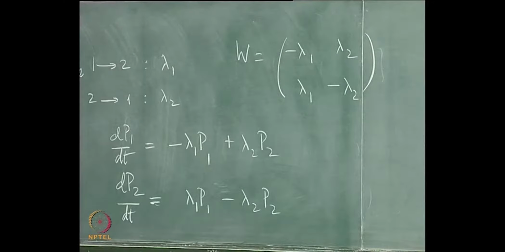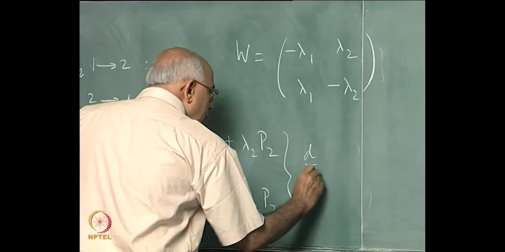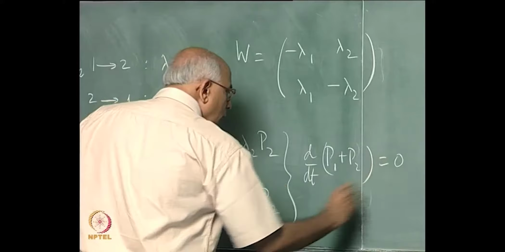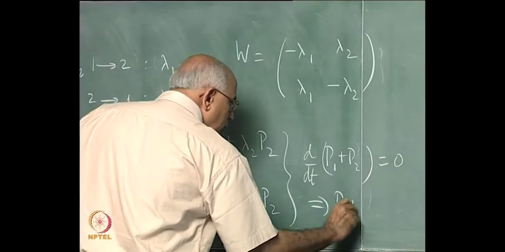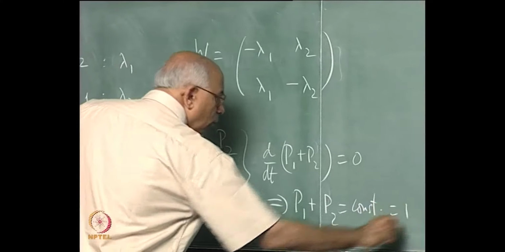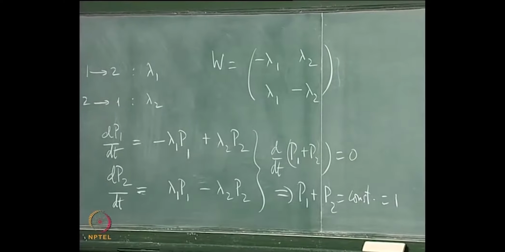And as I promised, the sum of elements of each column is 0, as you expect, and it has the immediate consequence that if I add up P1 plus P2, I immediately get d over dt of P1 plus P2 equal to 0, which implies that P1 plus P2 is a constant equal to 1. If you normalize it initially, it remains 1 for all time.